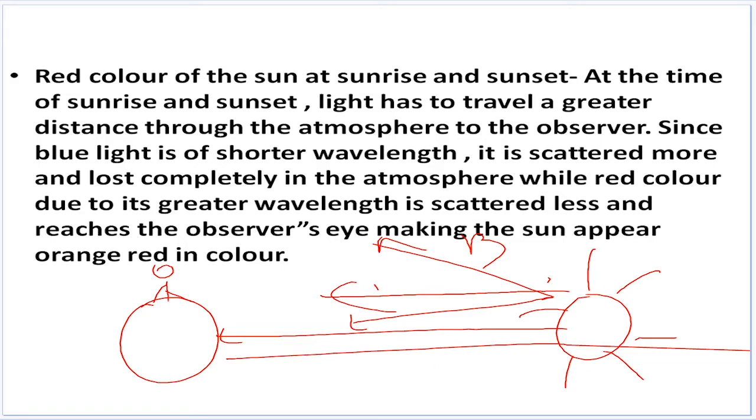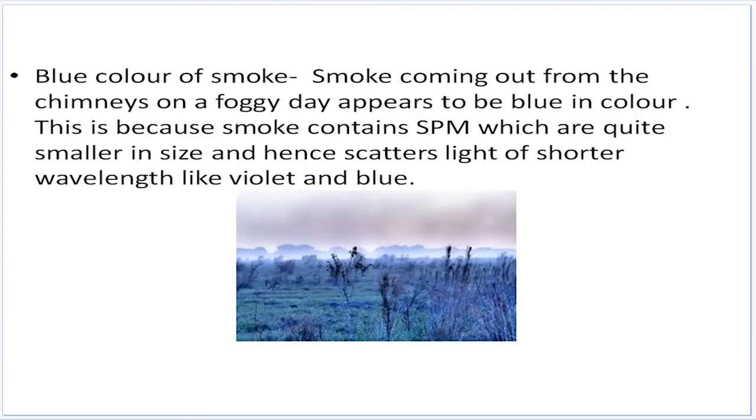But red color of light, because its wavelength is more, its intensity of scattering is least, and therefore it reaches the observer's eye, and therefore we find the red color of the sun during sunrise and sunset. And that is basically because the wavelength of red is more, so intensity of scattering is least.